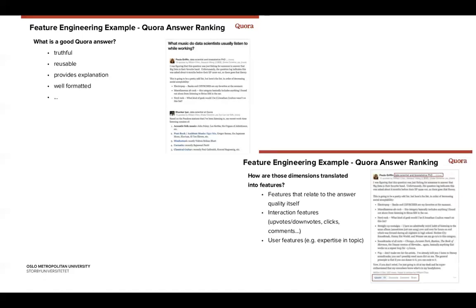Upvotes, downvotes, and you would also like to see, especially in Quora, the person who answered the question, how much experience the person had in that specific field. So that could also be a feature set for you. Again, as much information as you can extract from the data set would become a feature for you.